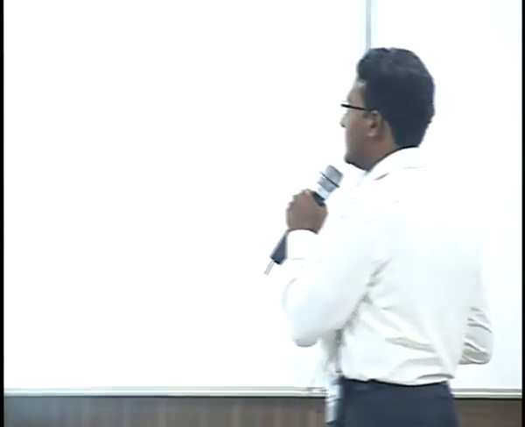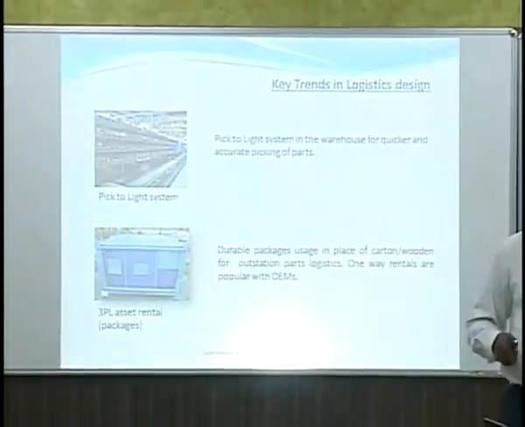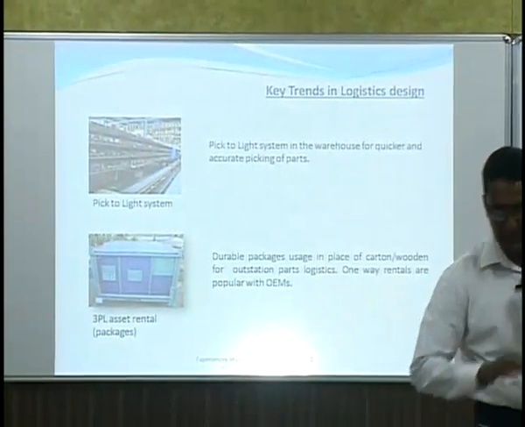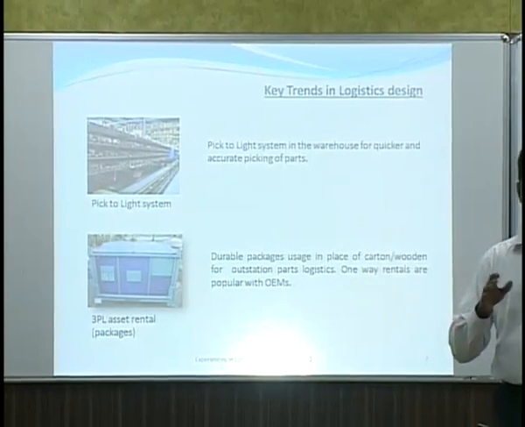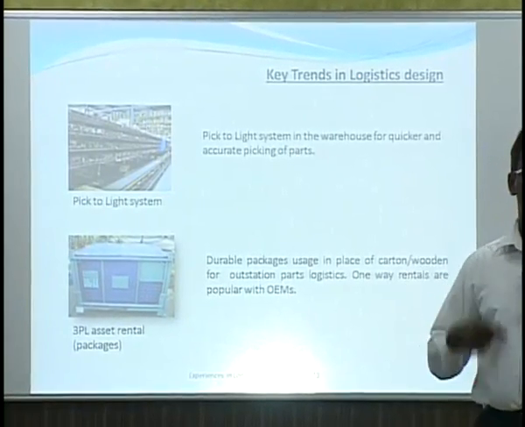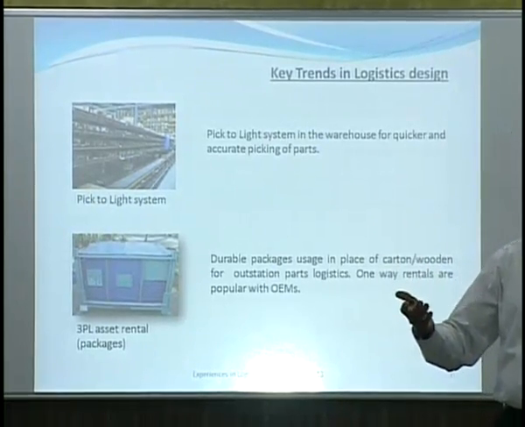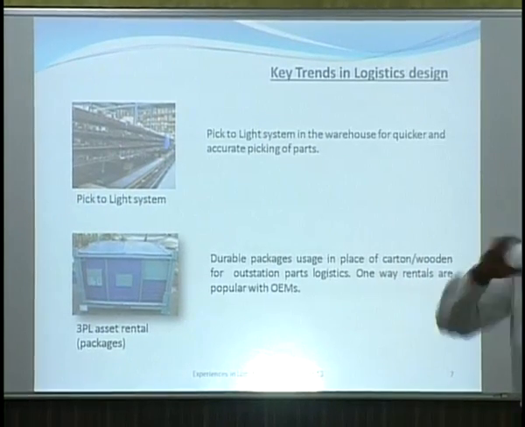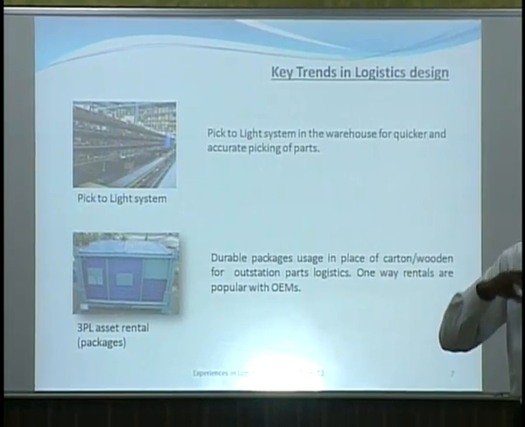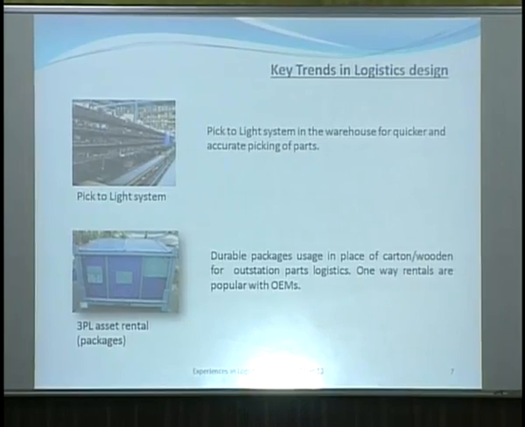And this is one interesting technology, the pick to light system. Here, on the manpower front, the industry is facing a shortage of manpower. There is always a change in the manpower. Somebody is working today, he may not turn up tomorrow. So we have to have a mechanism where the jobs are not affected because of manpower rotation.